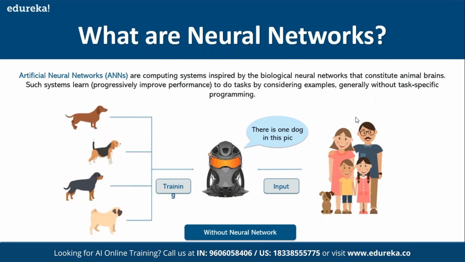Unlike a human being: most of you are seeing this slide for the first time and you are able to recognize there are four human beings and one dog in this photo, and you say there is a father, a mother, a boy child and a girl child with a dog. How did you do that?